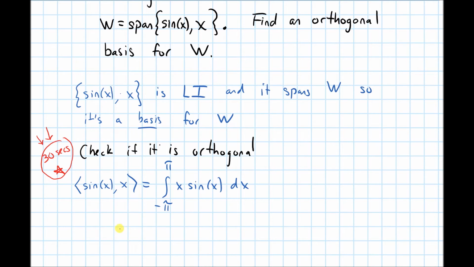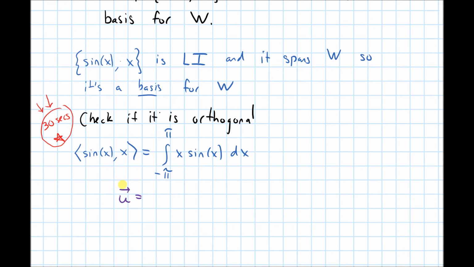So let's start to write down all the pieces of this. So, sorry, no vector here, just integration by parts. If we do integration by parts, we'll let u be x, because it has a very simple derivative. du would just be dx. We'll let dv be sine x dx. So its antiderivative, v, is negative cosine x.